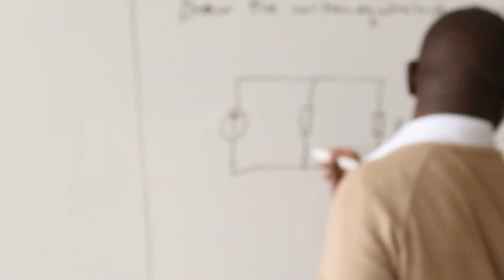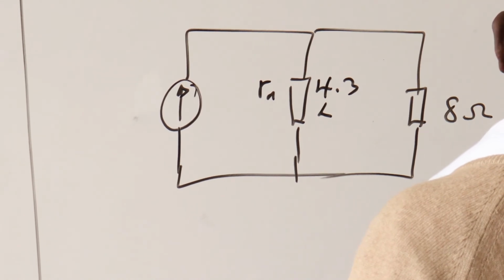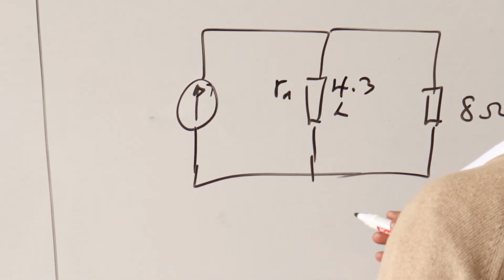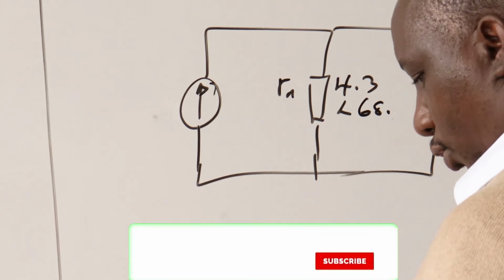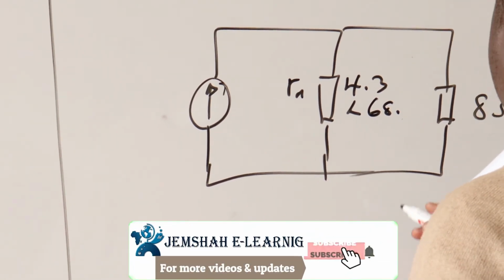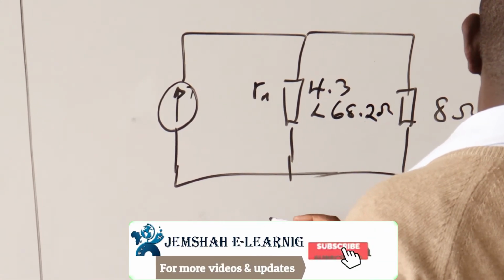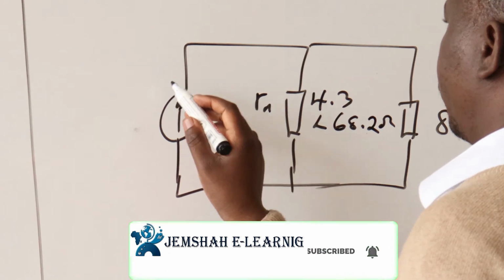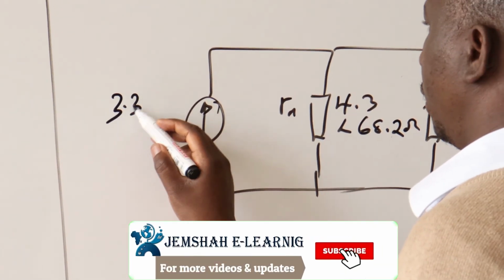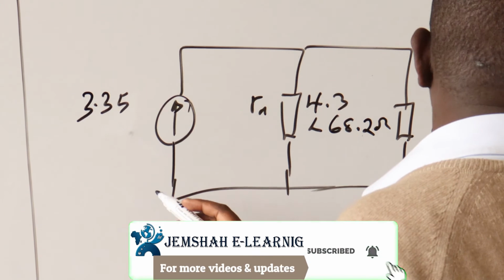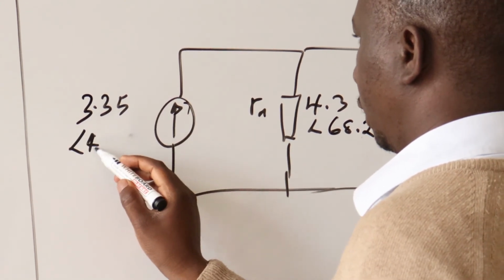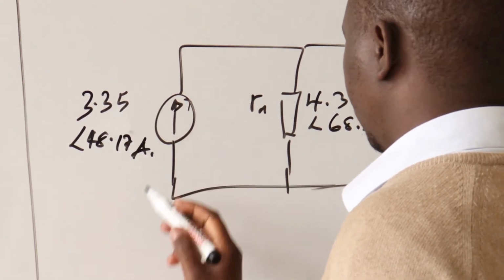This is 8 ohms, and this is Rn, 4.3, the angle is 68.2 ohms. So our current source is going to be 3.35, the angle is 48.17 amps.